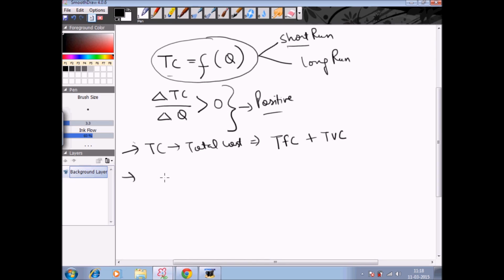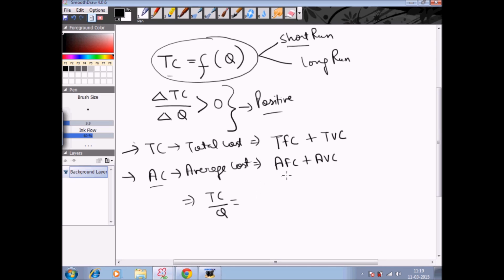The next cost is average cost. Average cost consists again of average fixed cost and average variable cost. Now here, as we know, we can calculate the average cost by dividing the total cost by the units of output produced.